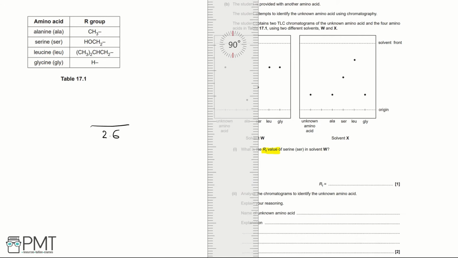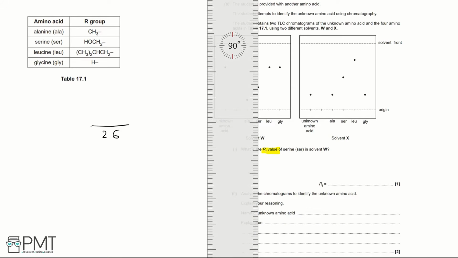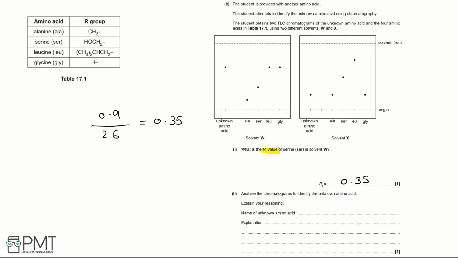So using our ruler, we can see that that is 0.9. Then that gives us a value of 0.35, which is what we write on the answer line for this question. To get the mark for this question, you must have an RF value of between 0.33 and 0.35.